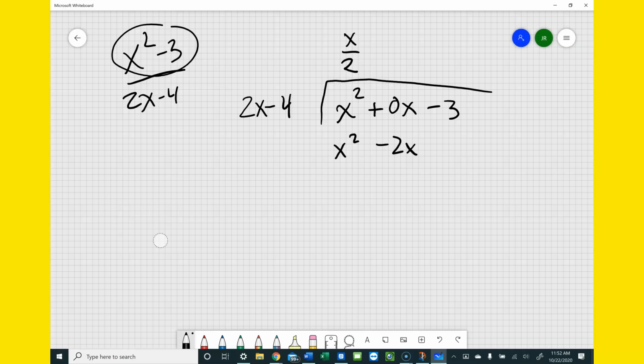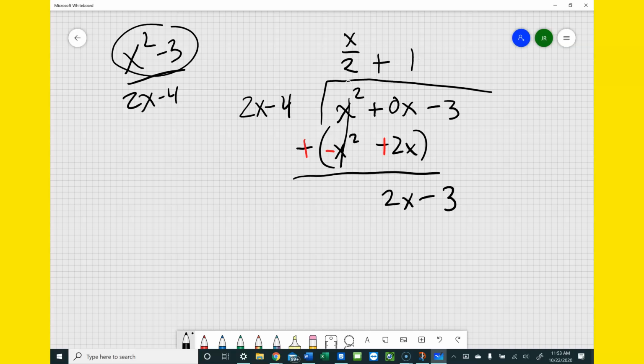And we're subtracting that. We distribute that minus. And that will go away, and this will become 2x. And I bring down the minus 3. And then you say 2x divided by 2x is what? So that's going to be 1. So you say plus 1.